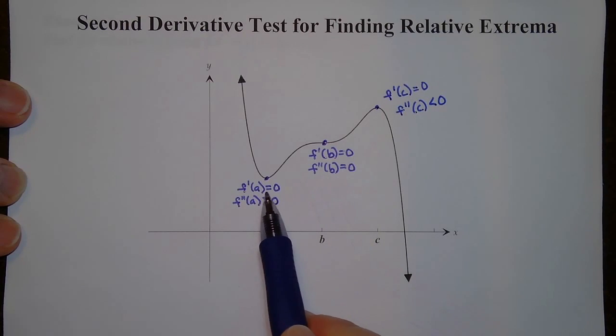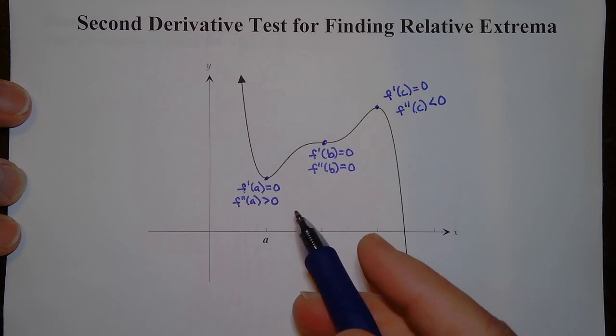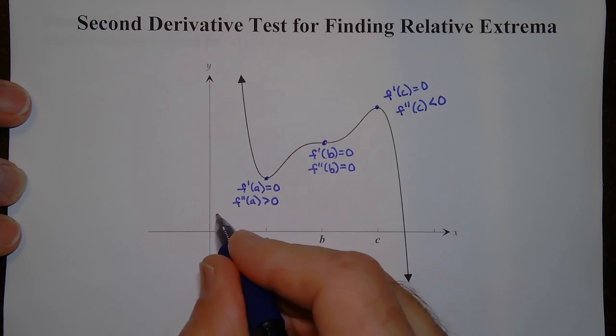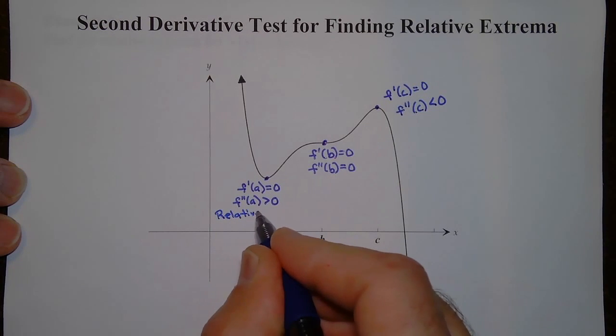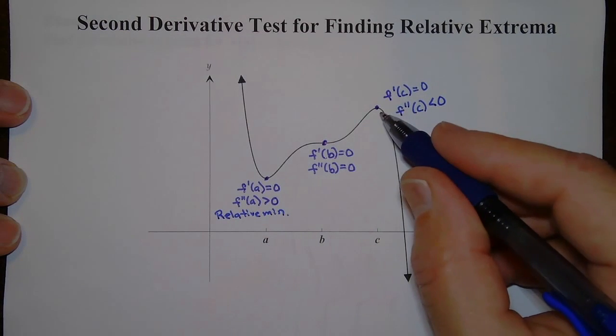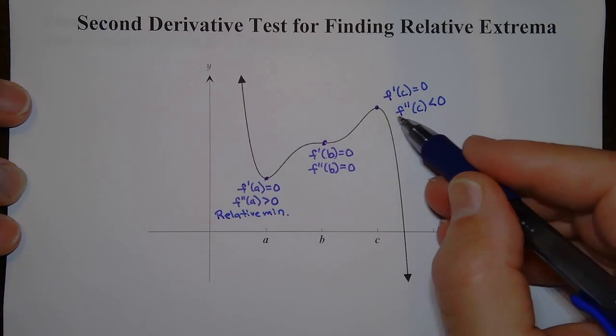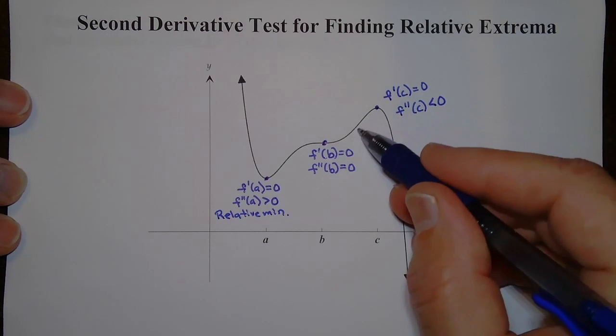So if you find a place where the derivative is 0 and the second derivative is positive, that would mean it's concave up and it would have to have a relative minimum right there. Okay, so this function has a relative minimum at x equals a. And over here, if the second derivative is negative, then we could say that it's concave down.